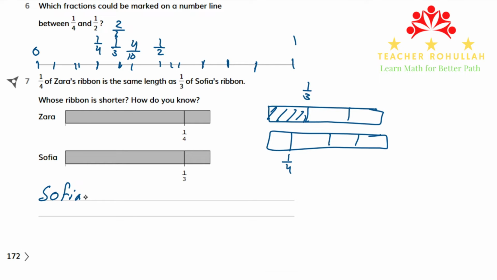Then I will write: Sophia's ribbon is shorter.